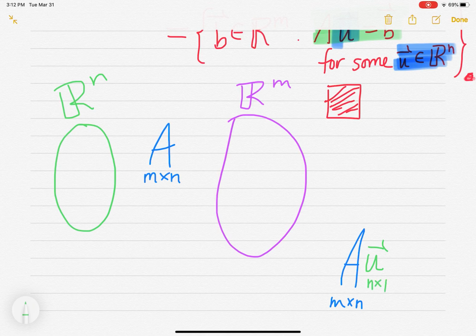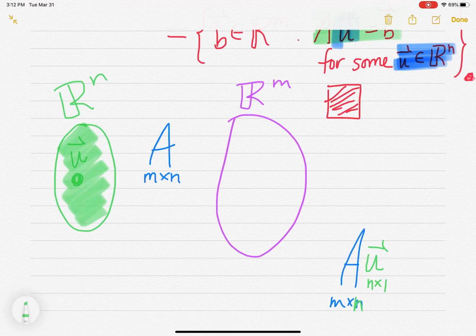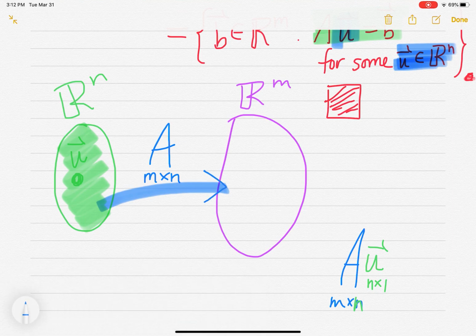So over here we have the u's. These are all u's over here, in Rn. They have to be n by 1, right? They have to match this inner dimension. So what A does, it's going to send every single vector u in Rn over here to Rm.